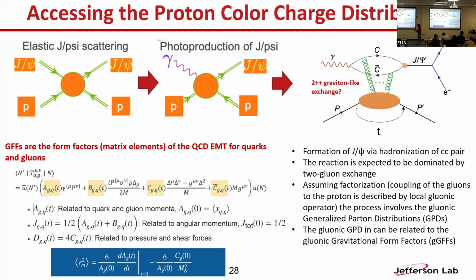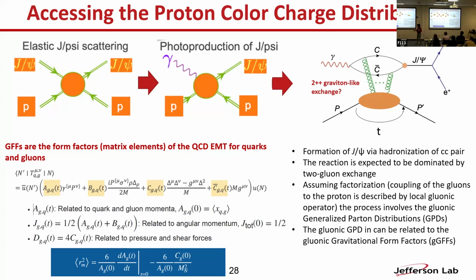The gravitational form factors, this is the expression, and there are 4 terms: A, B, C, and C star. A is related to the quark and gluon momentum. J is related to the angular momentum. And this D term, which is related to C by this expression, is related to the pressure and the shear force inside the proton.